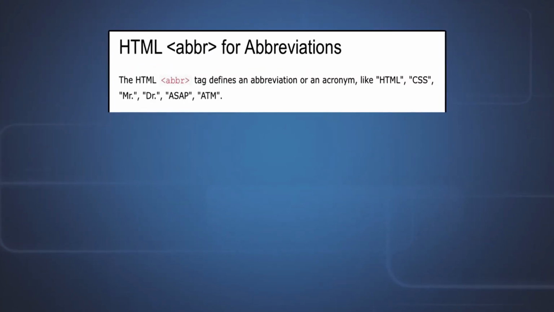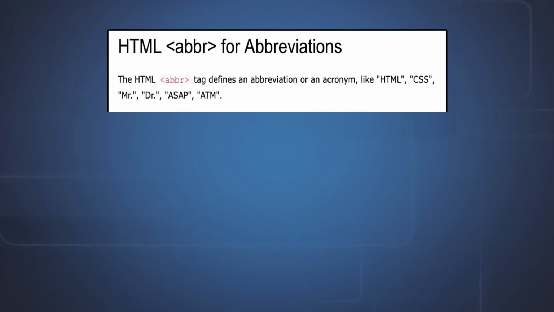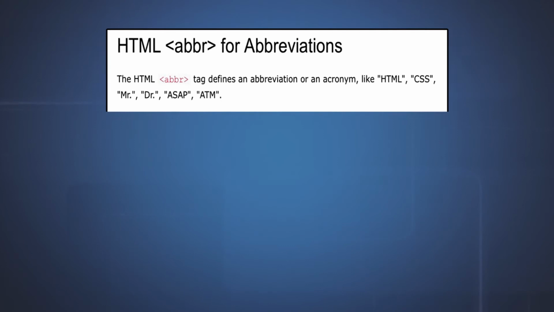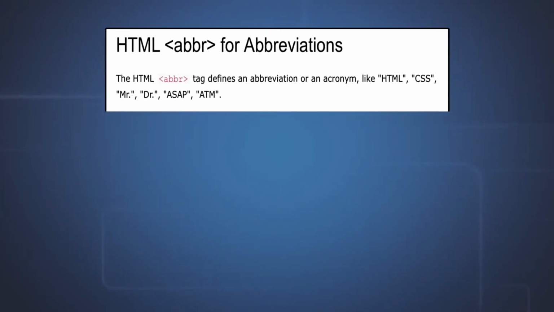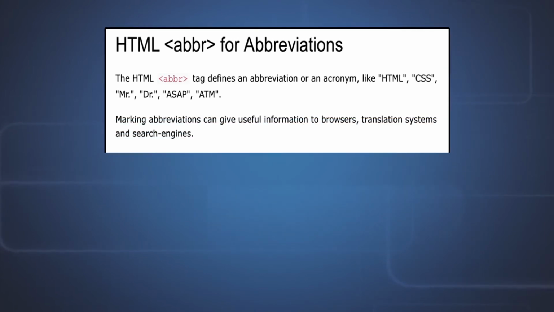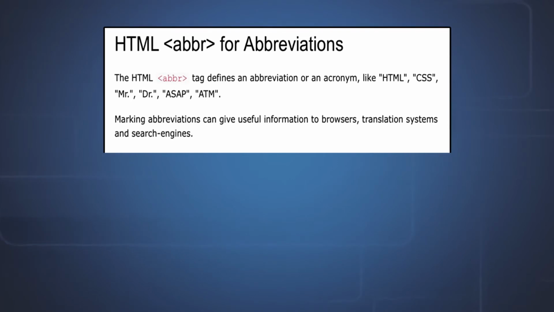Then we can also use abbreviations in HTML pages. We have to denote abbreviations with the ABBR tag. It defines an abbreviation or an acronym like HTML, CSS, Mr., Dr., ASAP, ATM and other things. Marking abbreviations can give useful information to browsers, translation systems and search engines.